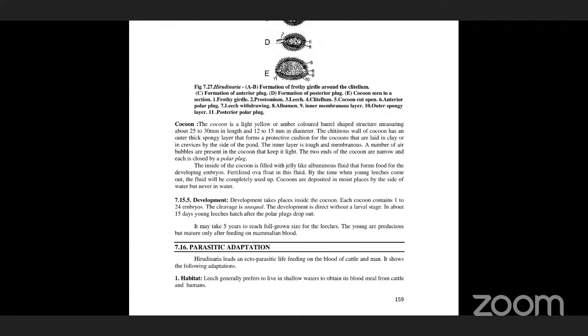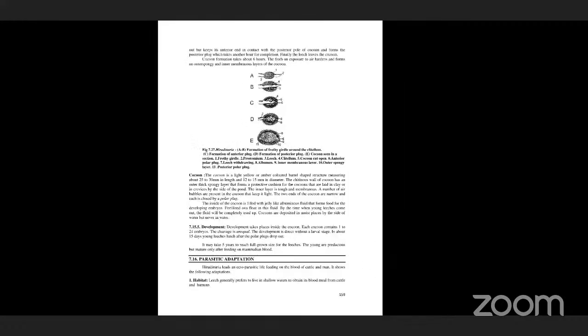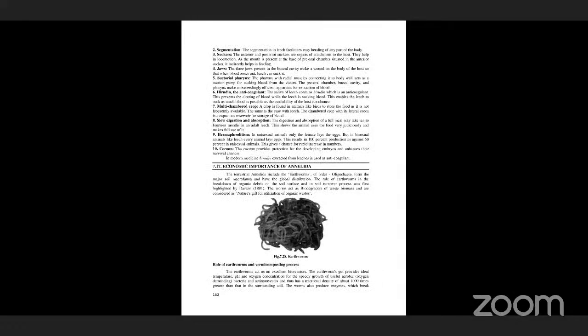Inside the cocoon there is a jelly-like material, and once development happens inside the cocoon, each cocoon consists of 1 to 24 embryos. About 15 days it stays there, and young leeches are formed. It may take up to 5 years for the young leeches to fully grow into the adult form. And so it has parasitic adaptation.